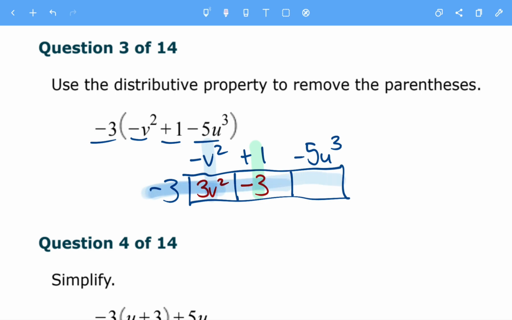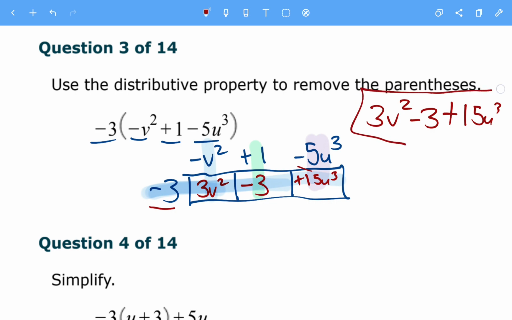And then a minus 3 times negative 5u cubed will give us 15u cubed. So you multiply the coefficients, and then you multiply the variables separately. So our final statement is 3v squared minus 3 plus, there is a plus here, 15u cubed. And that is our final expression.